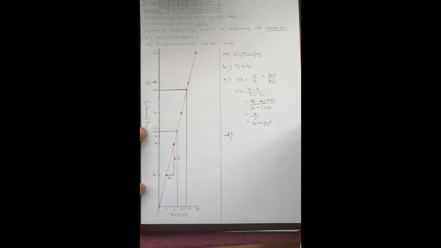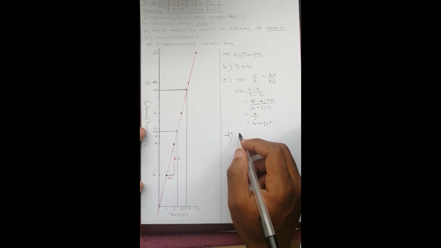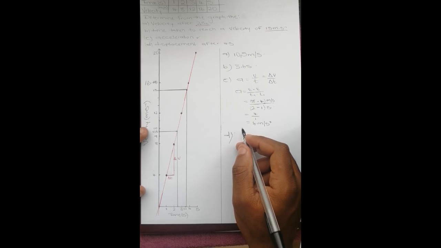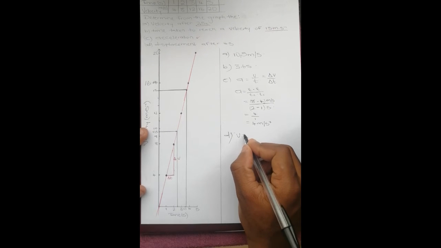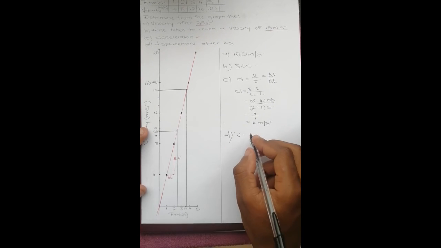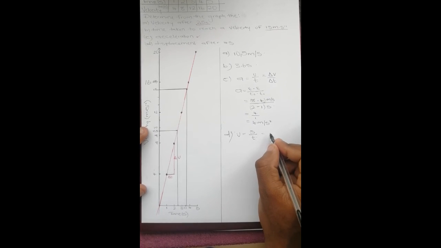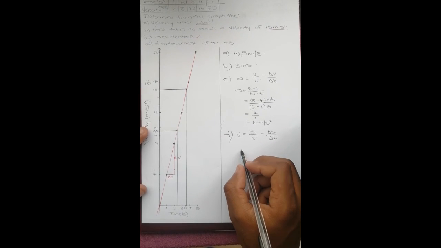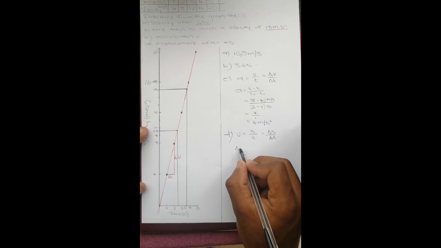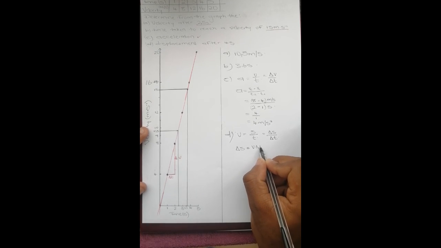And to determine the displacement from the graph, we go back to the formula which helps us to find velocity. v equals displacement over time, whereby we usually use change in s over change in time, and then our change in s will be equal to v times change in time.